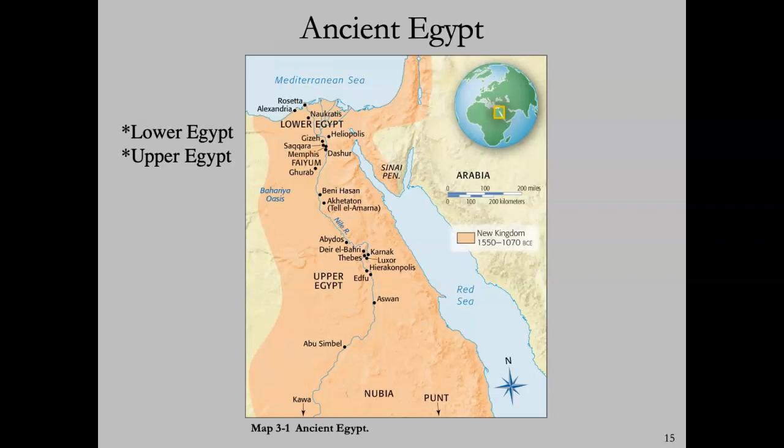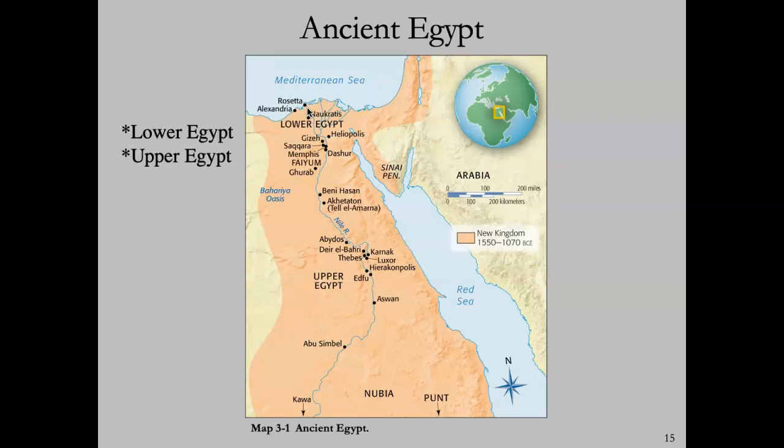Egypt was divided geographically and politically into Upper and Lower Egypt in the pre-dynastic period. Upper Egypt, the southern upstream part of the Nile down here, was a narrow tract of grassy land that was good for hunting. Lower Egypt in the north, and the Nile runs from south to north, which is why Lower Egypt is above Upper Egypt.